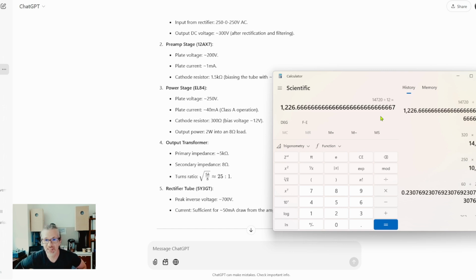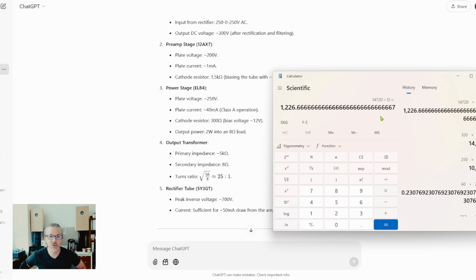So we are at 122.6%. So we are 22% over the maximum plate dissipation for this power tube, and we are also almost 5-10% above the maximum plate voltage, which is 300 volts for the tube.